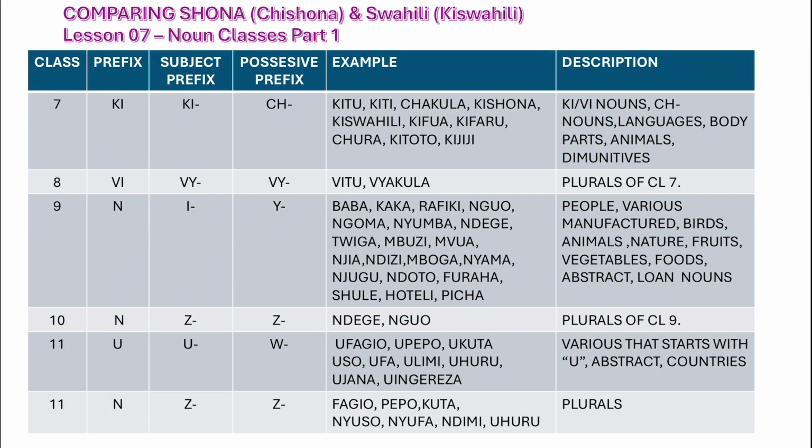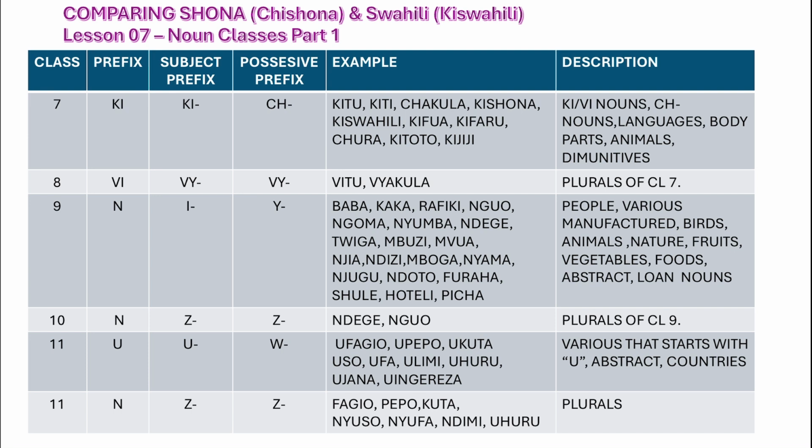Class 7 and 8, the ki-vi class. This class contains nouns which start with ki and their plurals vi. They also have nouns which start with cha. Nearly all languages, their names, they are in this class.